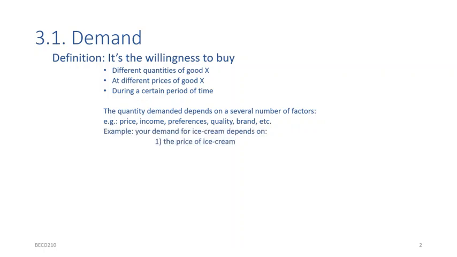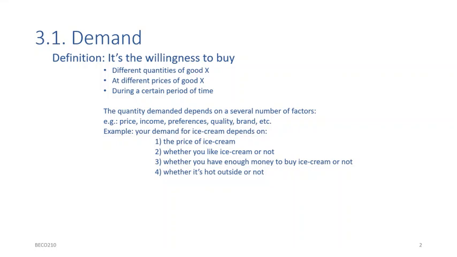For example, if you want to demand ice cream, your choice depends on the price of ice cream, your preferences, whether you like ice cream or not, your income, whether you have enough money to buy ice cream or not, the temperature, whether it's hot outside or not, and many other factors.